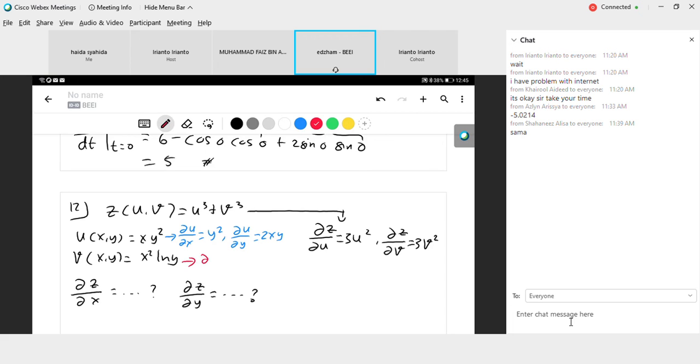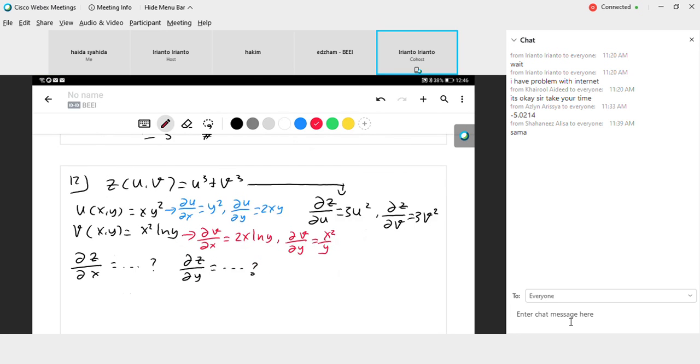The first derivative of v with respect to x equals 2x ln y. The first derivative of v with respect to y equals x squared over y.